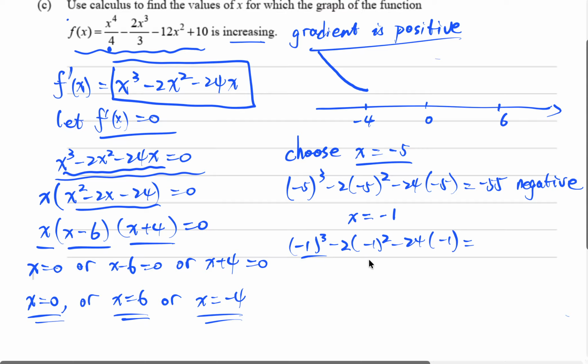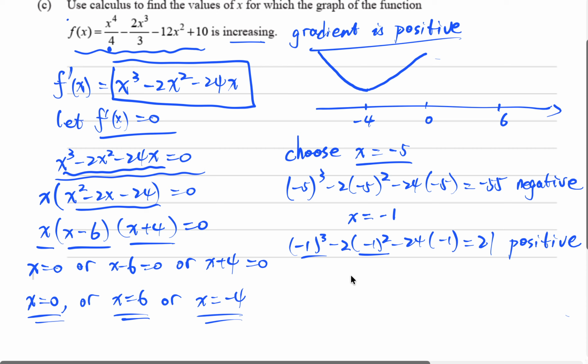This is negative 1, minus 2 is negative 3, plus 24 gives 21, so it's a positive. See, now I know this part goes up, right?